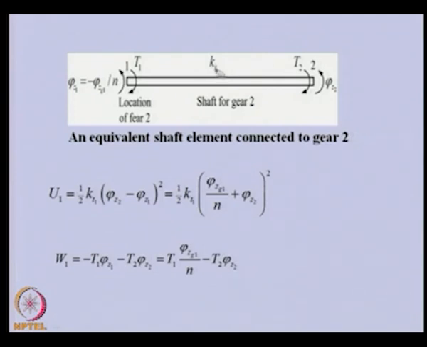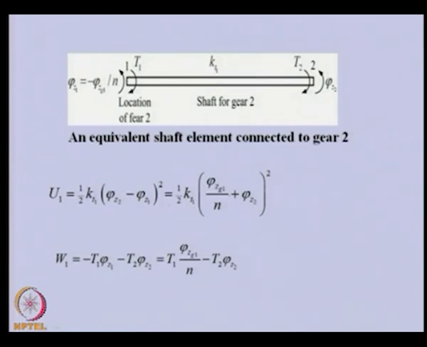Now, the strain energy stored in the shaft will be given by the torsional stiffness and the relative twist between the two ends of the shaft, so phi z2 minus phi z1. Now, phi z1 we can replace with the gear 1 angular displacement, so this expression we can substitute here. So, this will become positive, this is this term and this is phi z2.